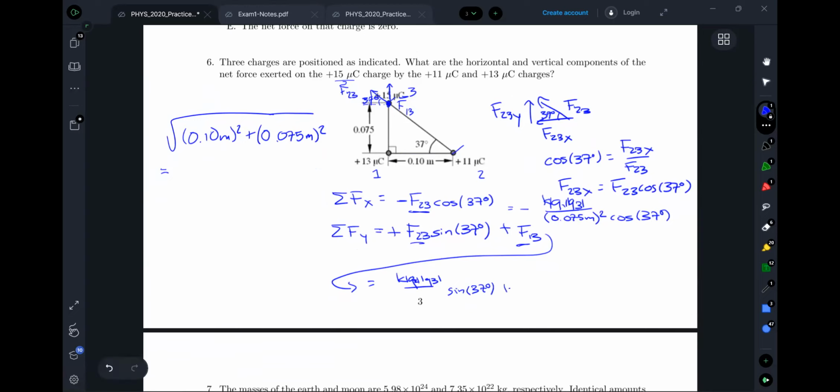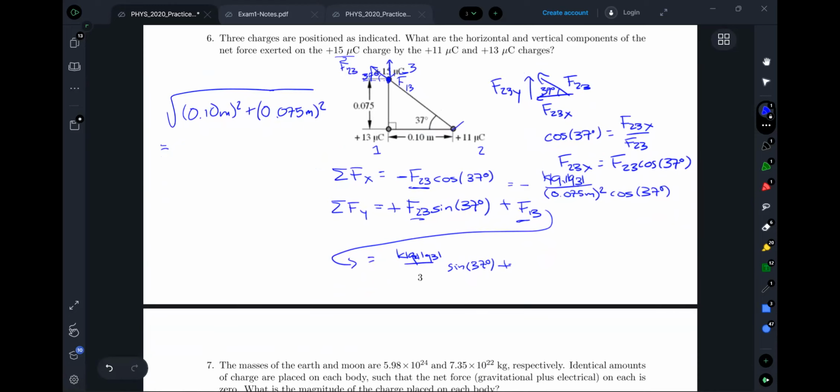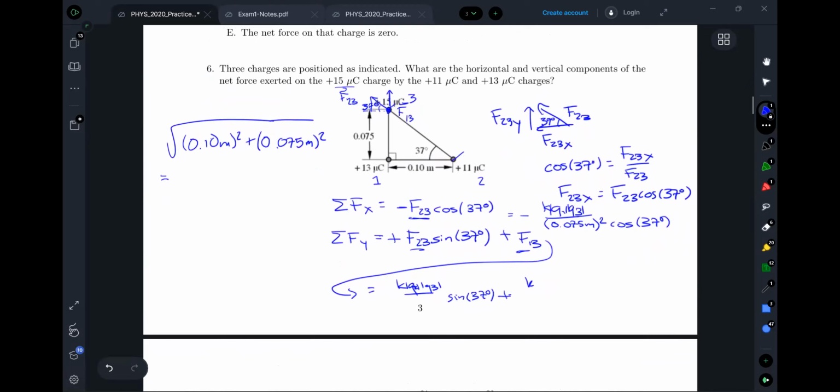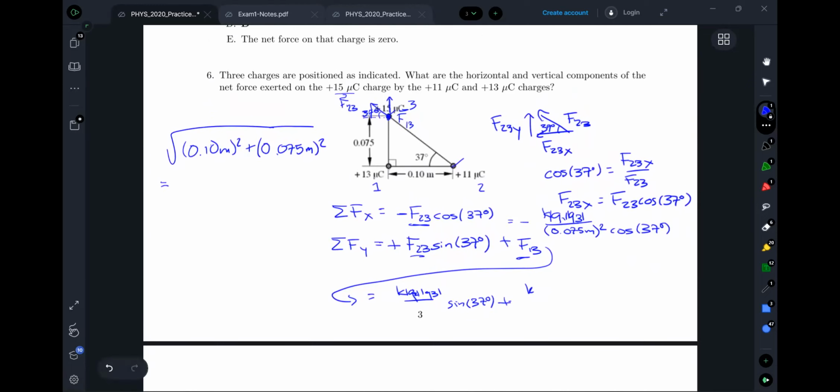I'll just keep filling in while you're putting that in. I messed up here. This was our X, that's the cosine 37 one, so that is this distance. So that should be whatever we get here. 0.125, okay.